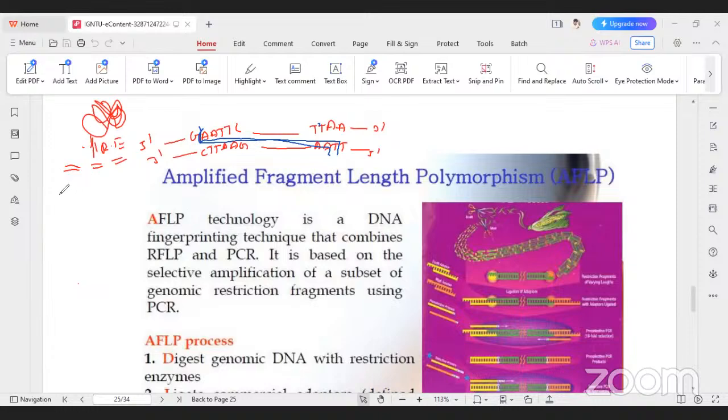After that, it produced AATTC and G, or here GAATT.